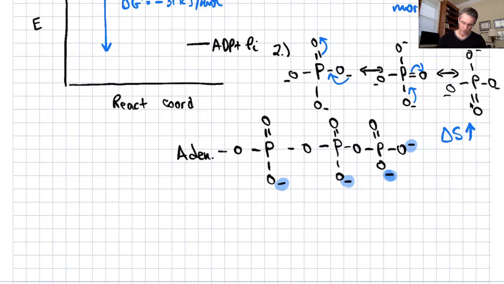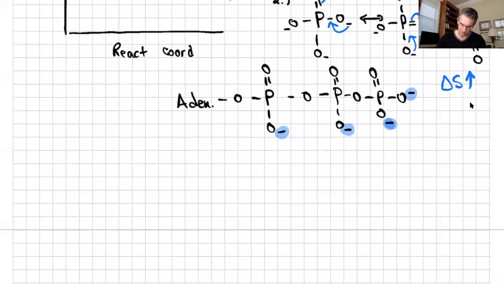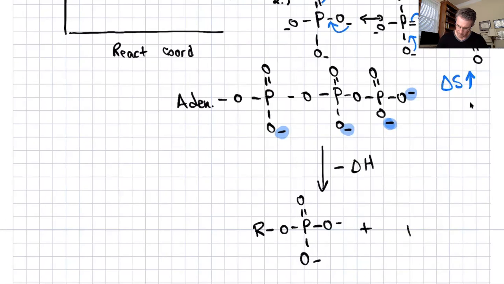So there is a very favorable exothermic or negative delta H, a very favorable enthalpic driving force to split that phosphoester bond.